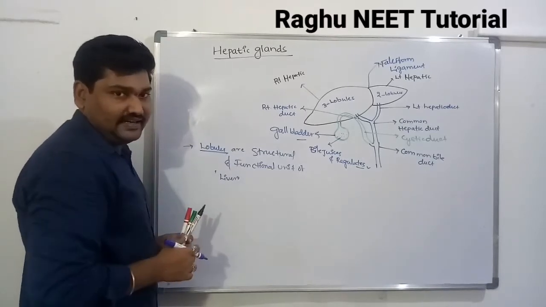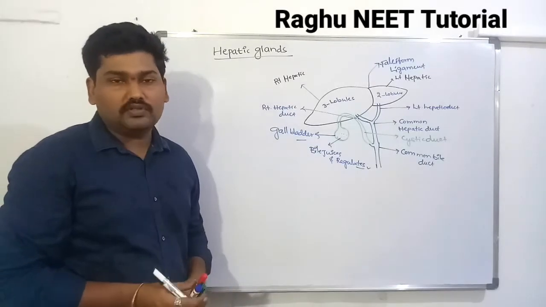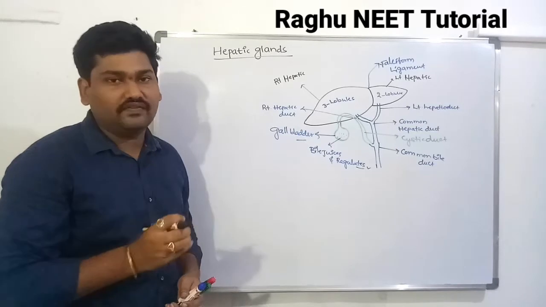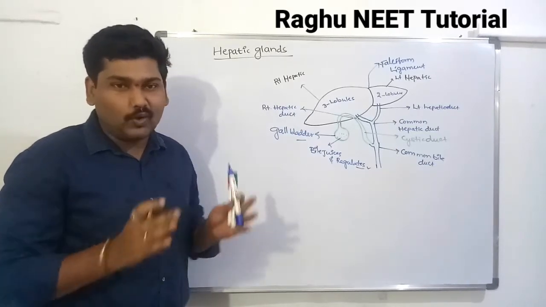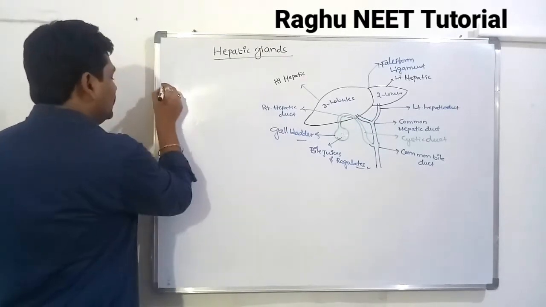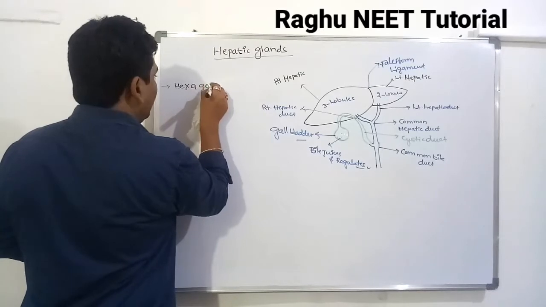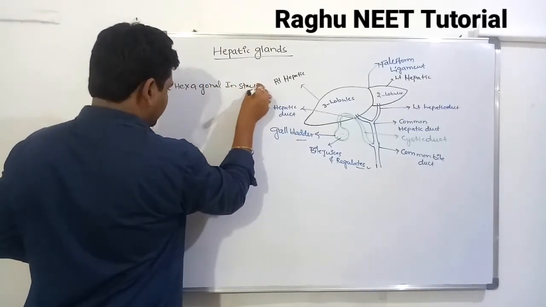Next, draw the diagram of lobules. The hepatic lobules are the structural and functional unit of the liver. These look hexagonal in structure.